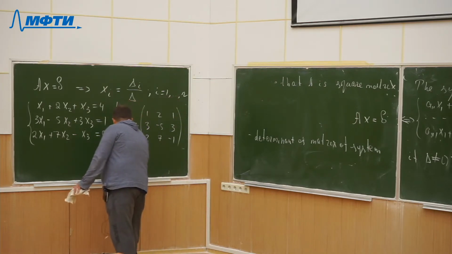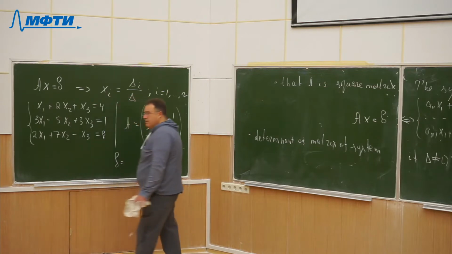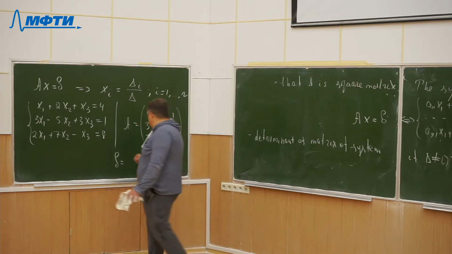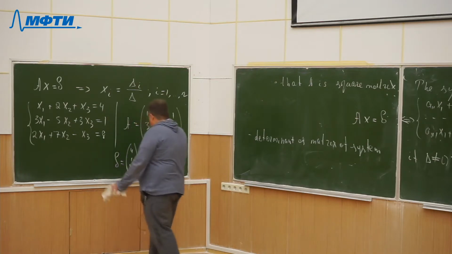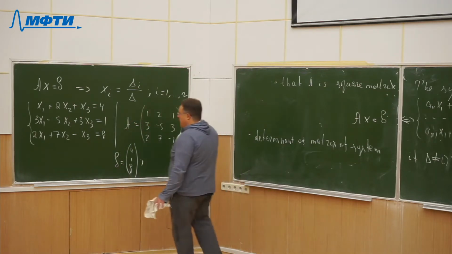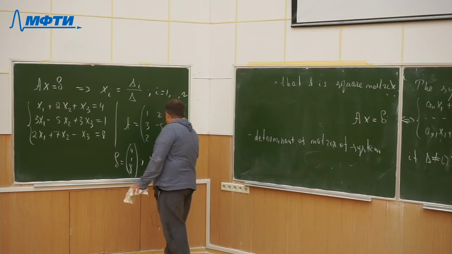Column of the arbitrary terms, B equals 4, 1, 8. Column of the independent variables, x is x sub 1, x sub 2, x sub 3.